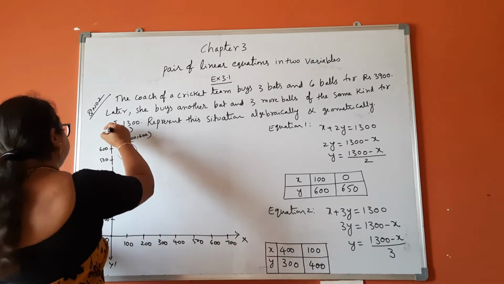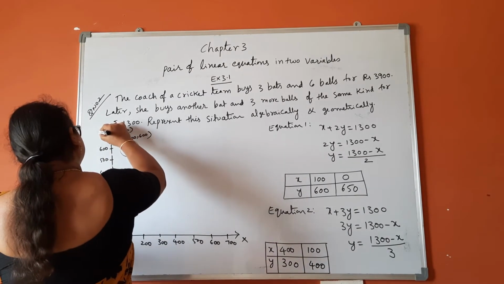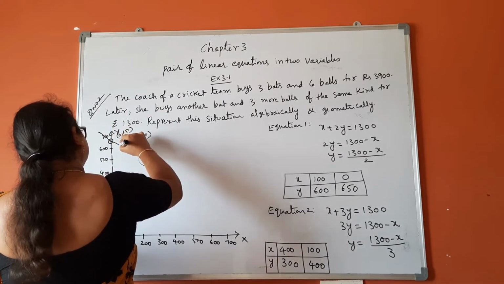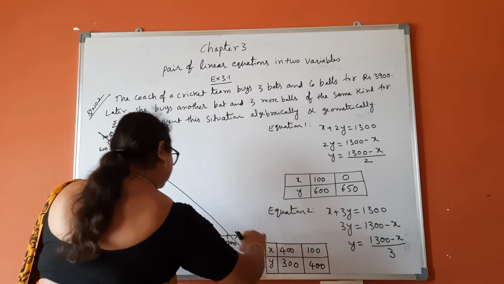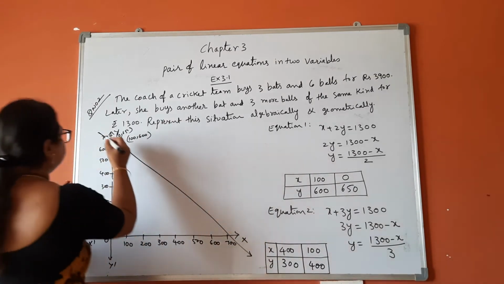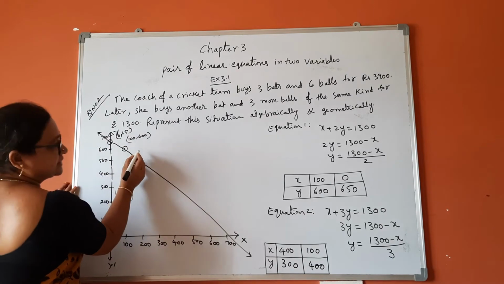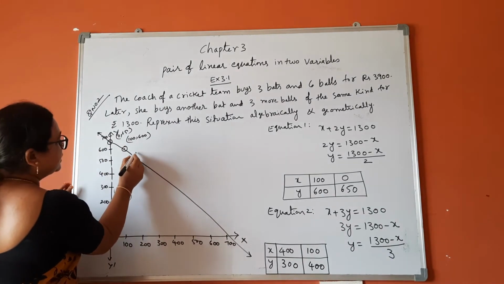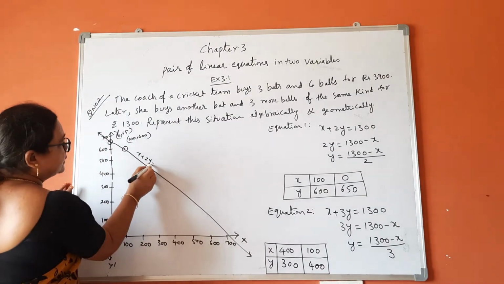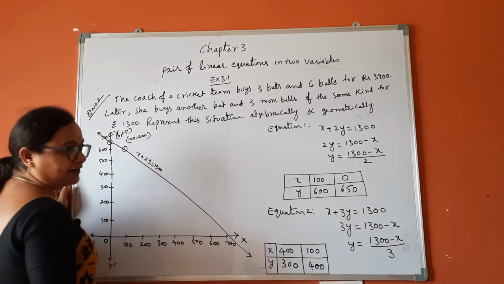Okay. This is the first equation, that is x plus 2y is equal to 1300.